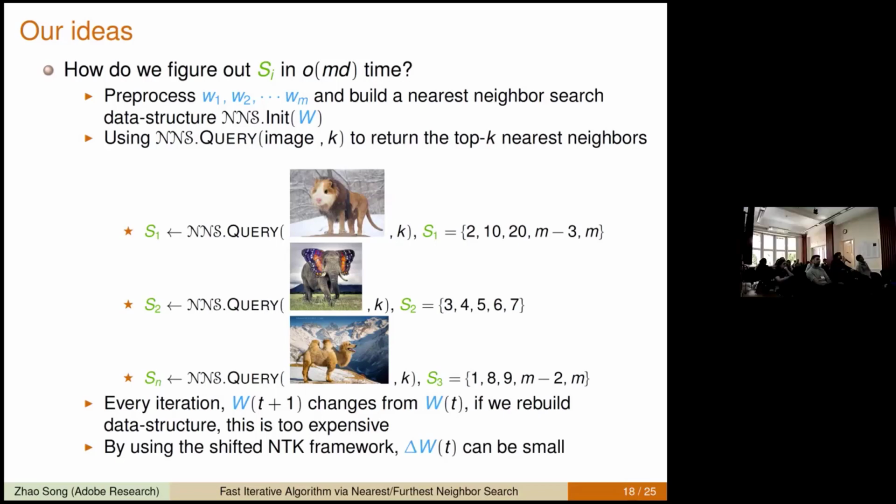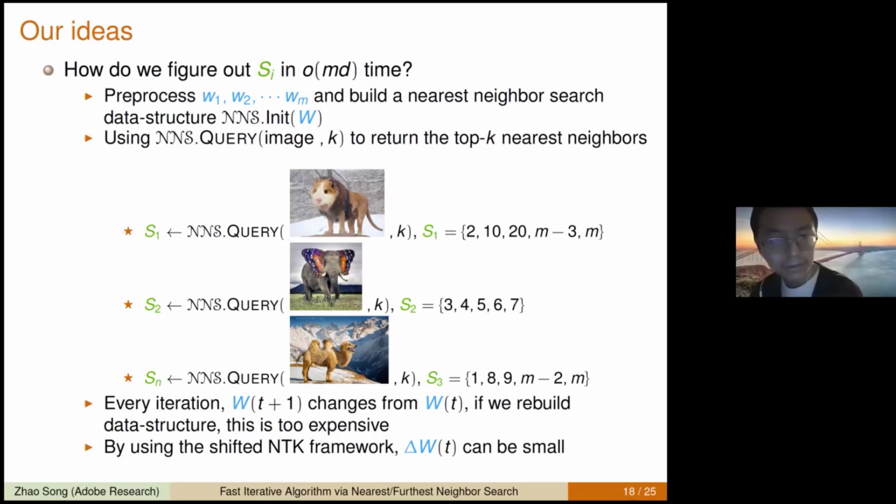Zhao? Yeah. So the nearest neighbor, just to understand here, you have some input image X, and then we're asking for the W's that are closest to the representation of X? Yeah. Okay, so all the weight vectors that are somehow close. Yeah, you basically look at the maximum inner products.